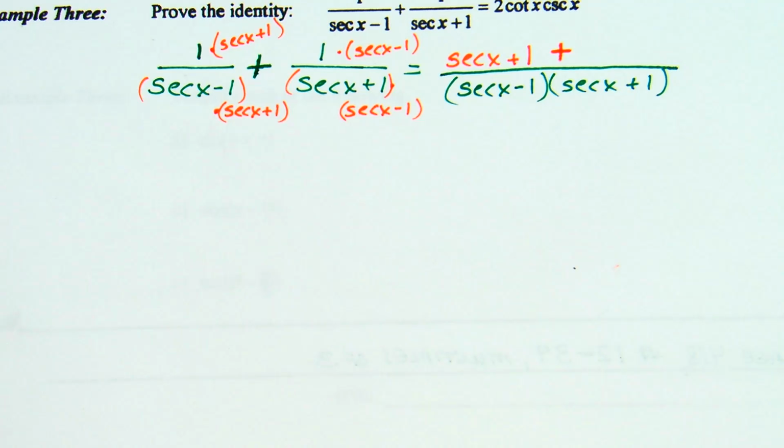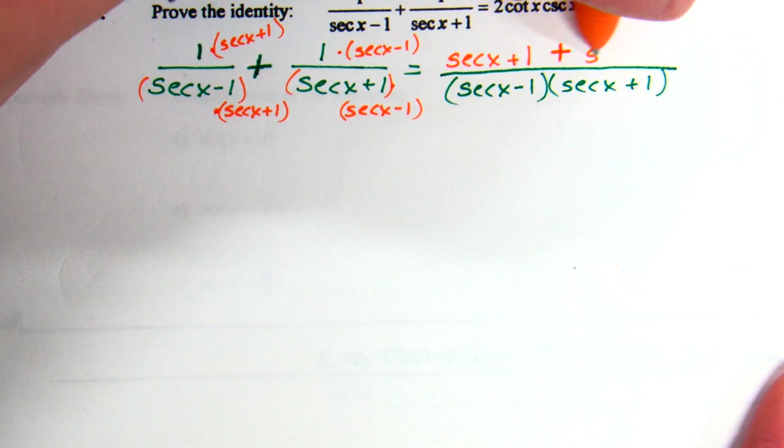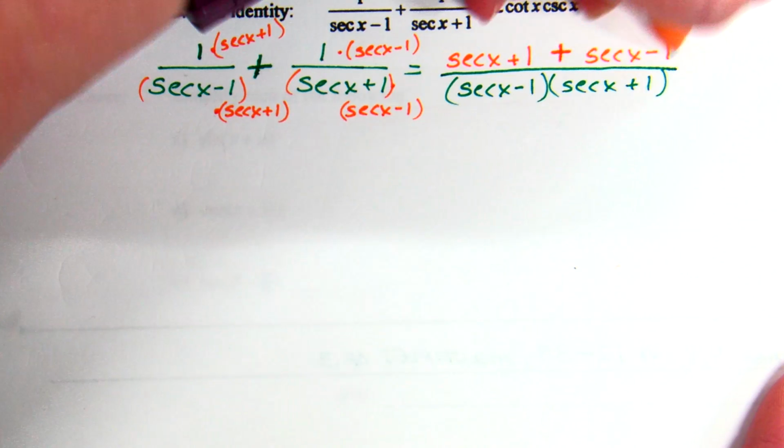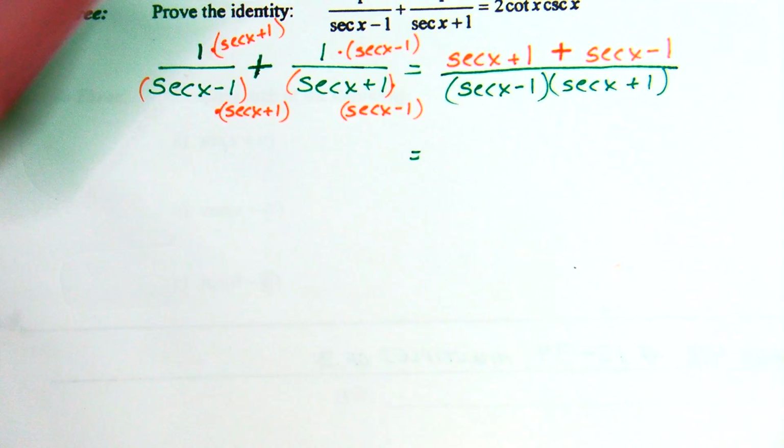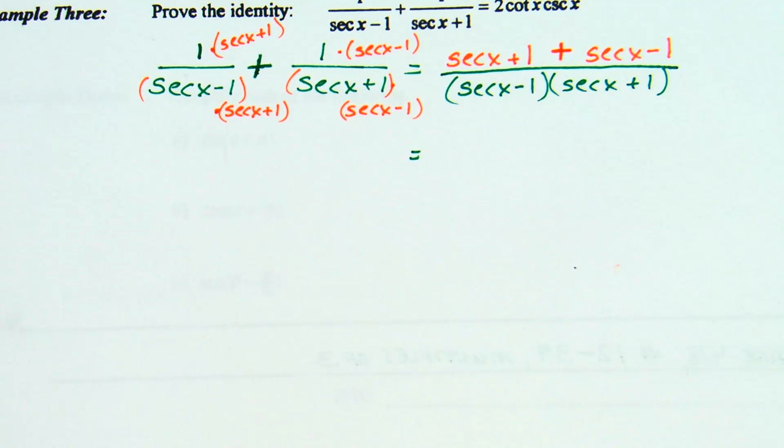Now, these denominators, sometimes you want to FOIL, sometimes you don't. It just depends on the situation. On this one, I see what happens when we FOIL here, and so you're going to want to FOIL, especially since these are conjugates. Remember what happens when we multiply conjugates?